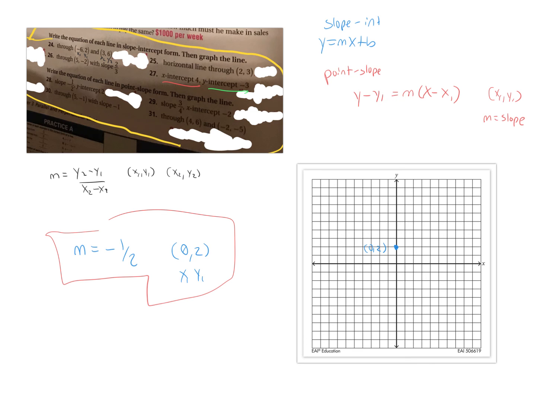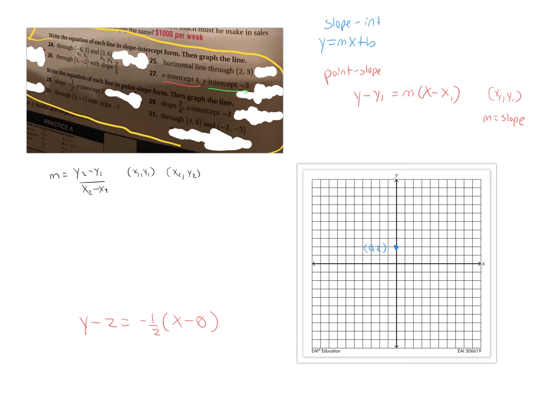So it can be y minus y1, well, y1 is 2, and it's going to be m, which is -1/2, times x minus x1, well, that's 0. Now, I think the teacher would be happy with you just leaving it like that because the directions explicitly say to write the equation of a line in point-slope form. Well, this is the point-slope form, so we're done.